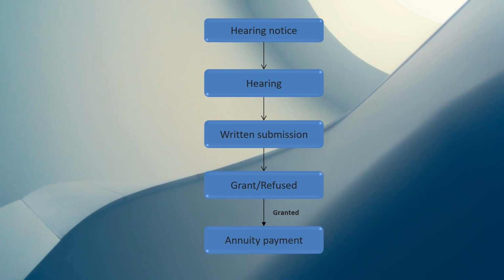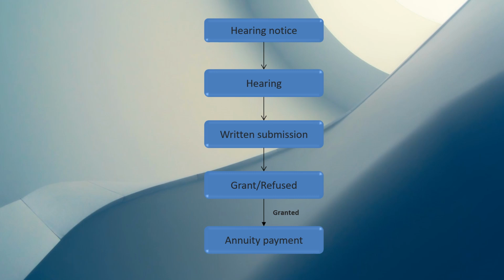So the hearing notice will basically contain the objections where the examiner is still not convinced, and it will also contain a date and time for the hearing session. So once that is received, the next step is to attend the hearing.